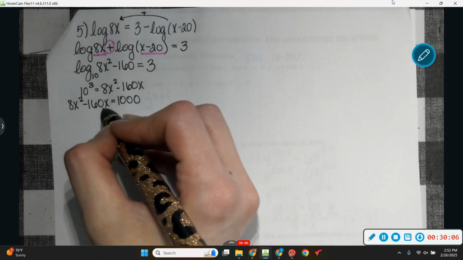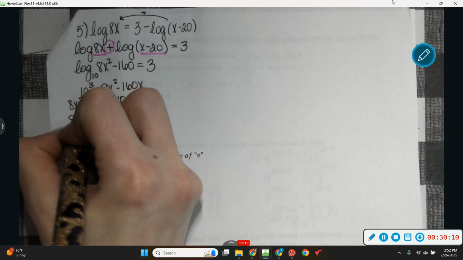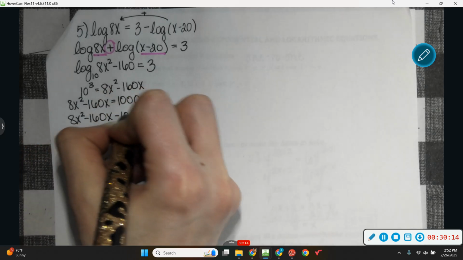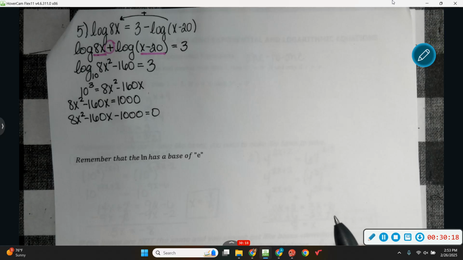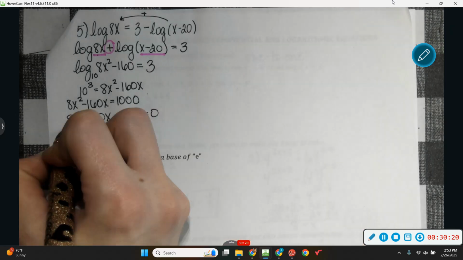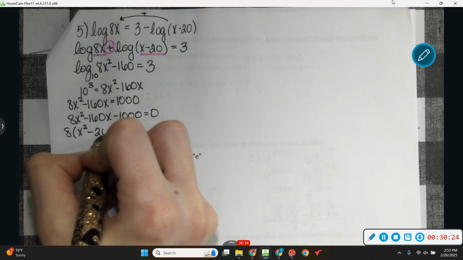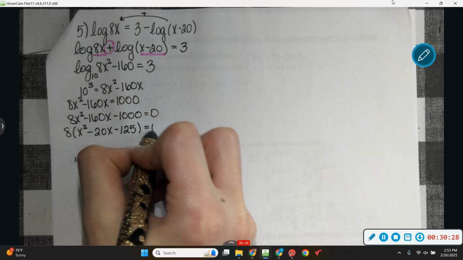Again, I have x squared, x, and a constant, so I want to subtract that 1,000, get it equal to 0. So 8x squared minus 160x minus 1,000 is equal to 0. I can factor out an 8 as a GCF, and that leaves me with x squared minus 20x minus 125 equal to 0.